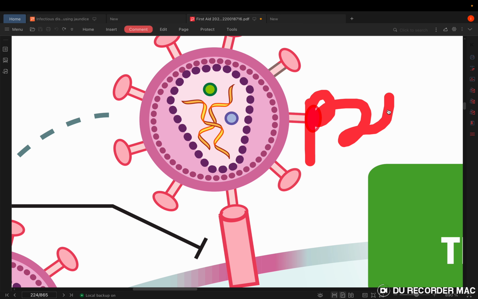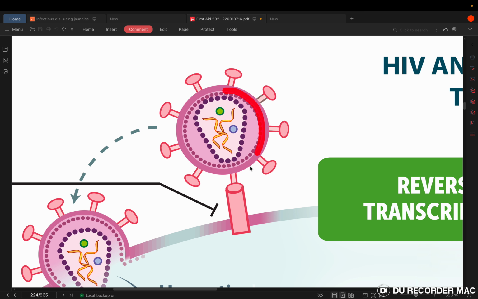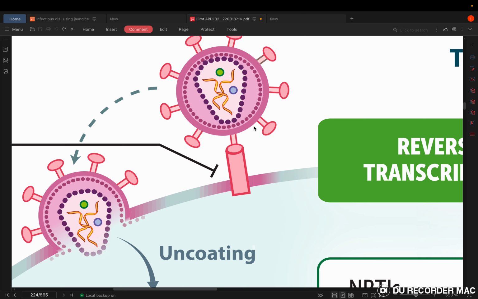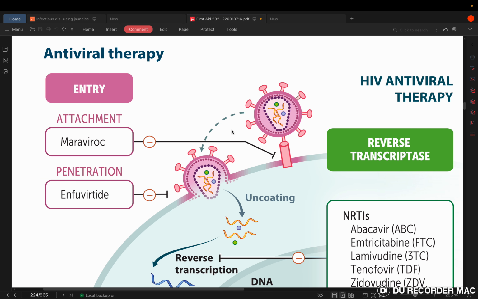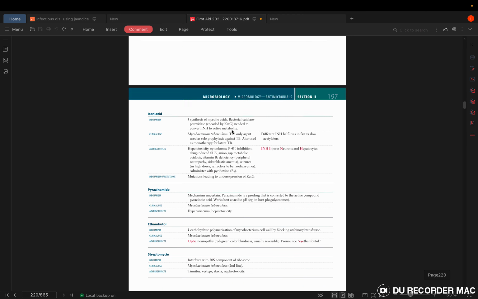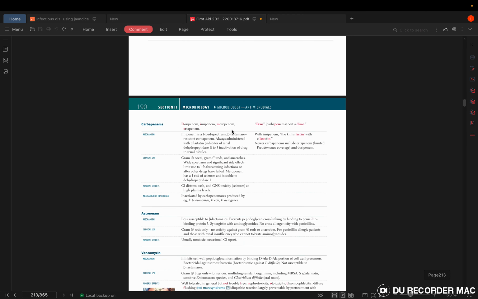Remember the p24, and it was the most initial test that we ever did. You can see out here we have some antigens, and one of these antigens helps us with attachment. Does anybody remember what helped the HIV attach to our cells?